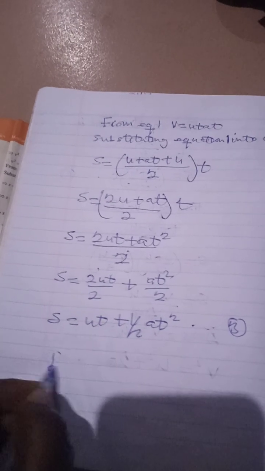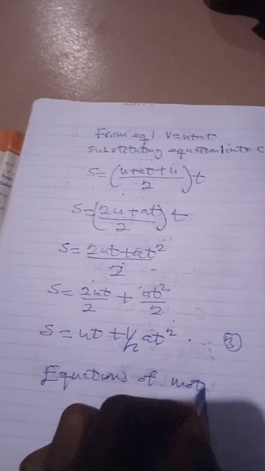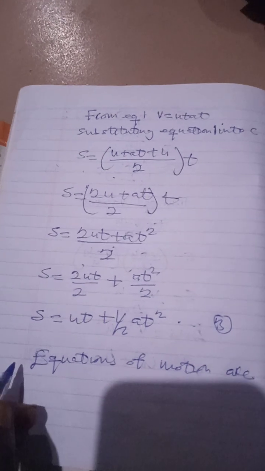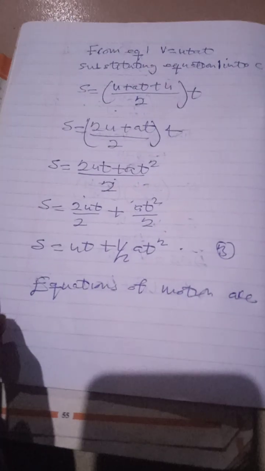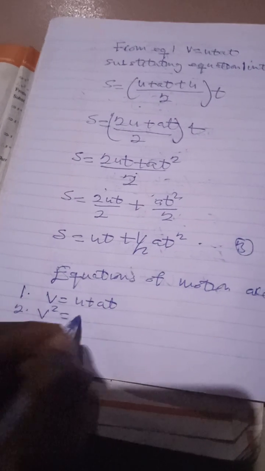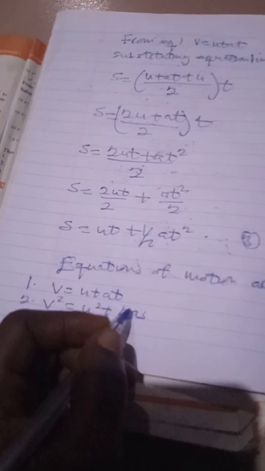So now the equations of motion are, then you write them. So the first one is equal to what? v equal to u plus at. The second one is equal to what? v square is equal to u square plus 2as, right?